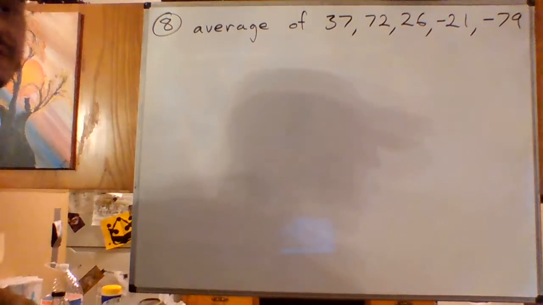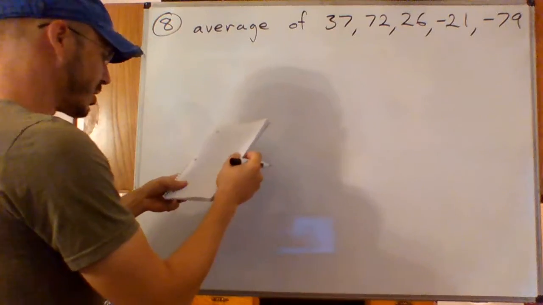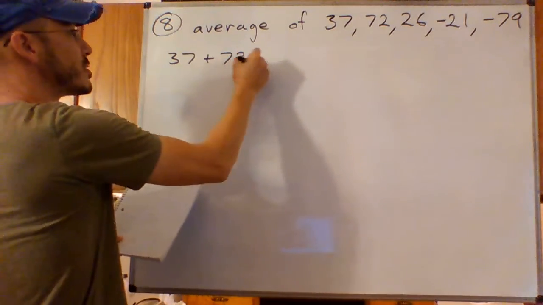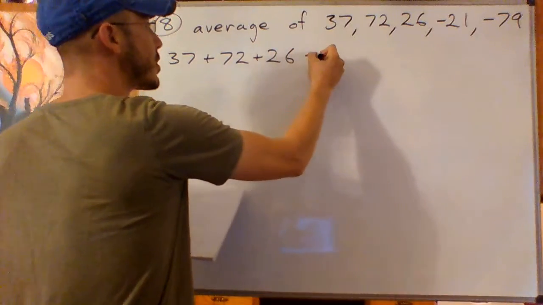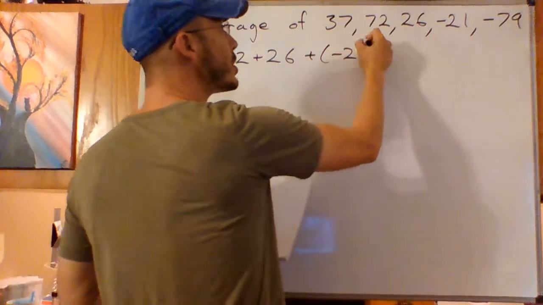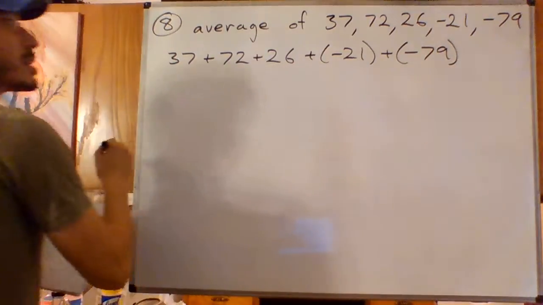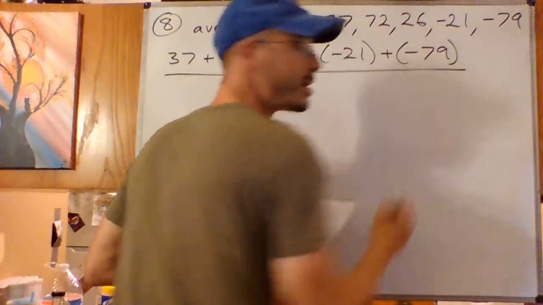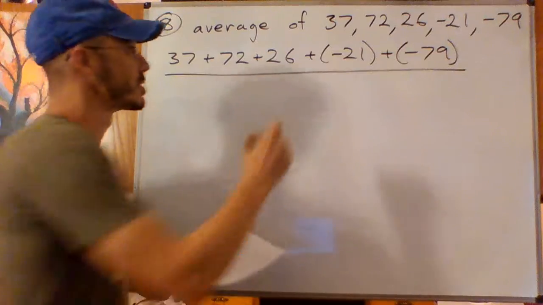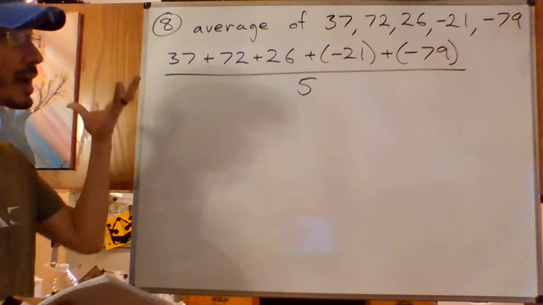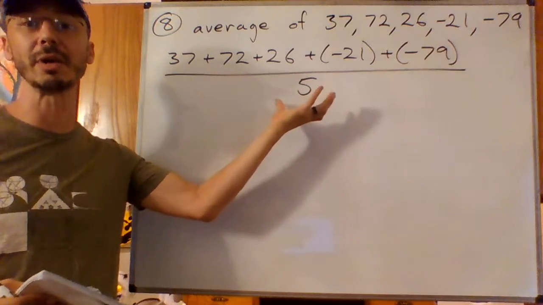The average of those 5 numbers is what I'll get by adding them all: 37 plus 72 plus 26 plus negative 21 plus negative 79. Add all those numbers up and divide by the number of numbers, which is 5. There's 5 different numbers there.